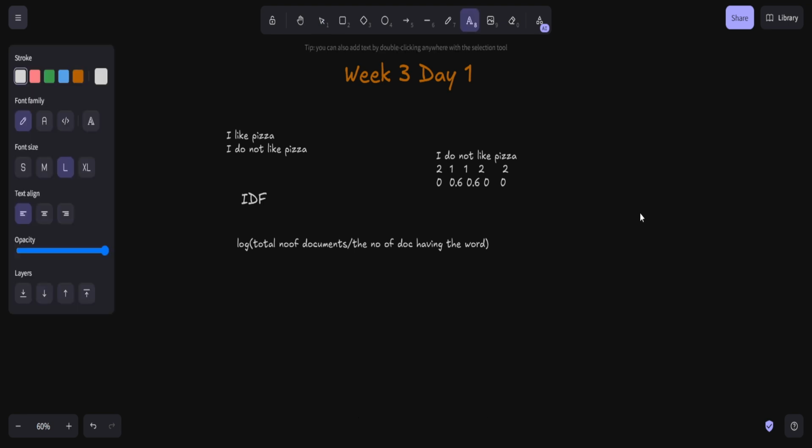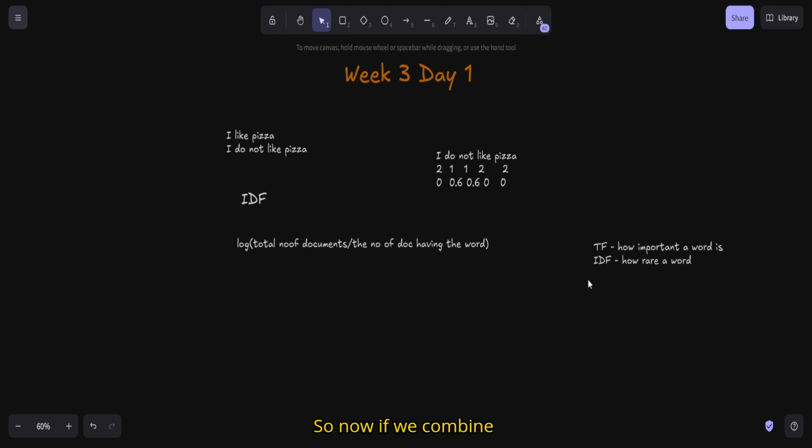So my TF tells us how important a word is and IDF tells us how rare a word is. These are like two extremes of how a word can be, right?